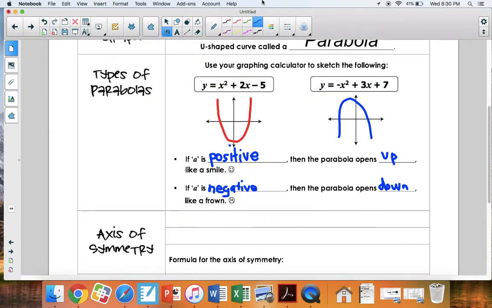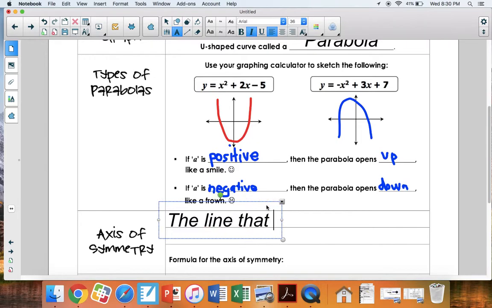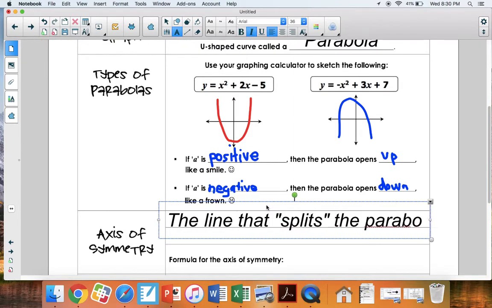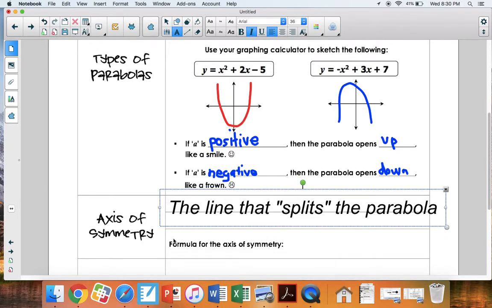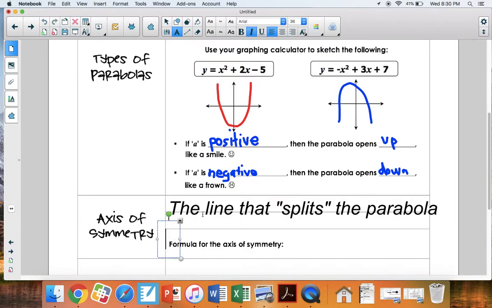So the axis of symmetry is the line that splits the parabola in half lengthwise.